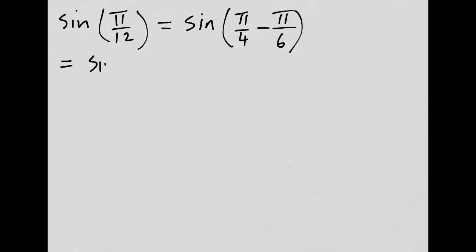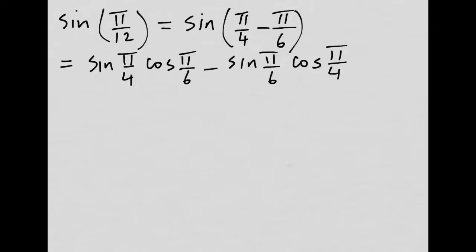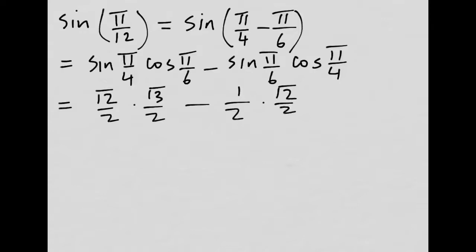That's going to be sine of pi over 4 times cosine of pi over 6 minus sine of pi over 6 times cosine of pi over 4. Sine of pi over 4 is root 2 over 2. Cosine of pi over 6 is root 3 over 2, minus sine of pi over 6, that's 1/2, times cosine of pi over 4, which is root 2 over 2.